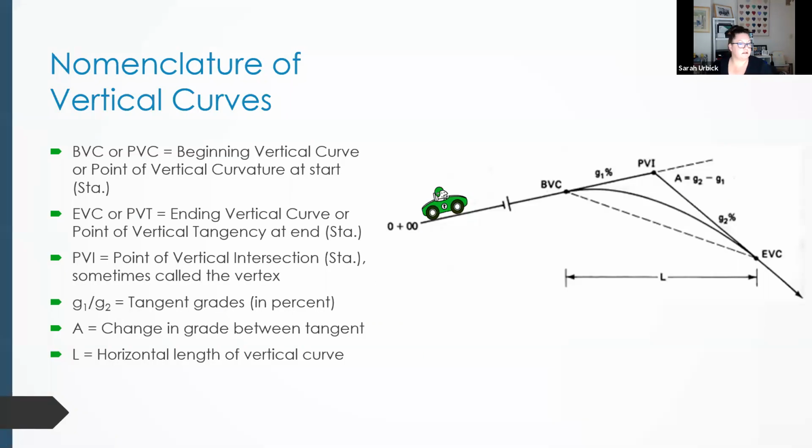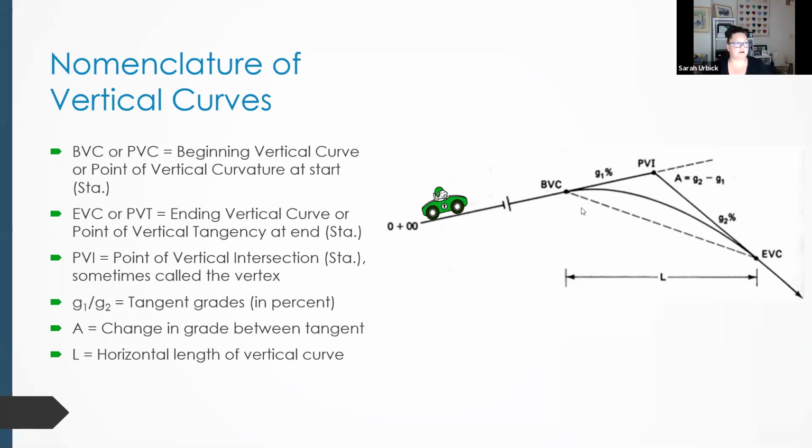All right. Nomenclature of our curves. We have the beginning of our vertical curve, point of vertical curvature, and the ending of the vertical curve, point of vertical tangency. These are measured in stations, just like we did with the horizontal curves. Okay. Point of vertical intersection, where do our tangents meet?